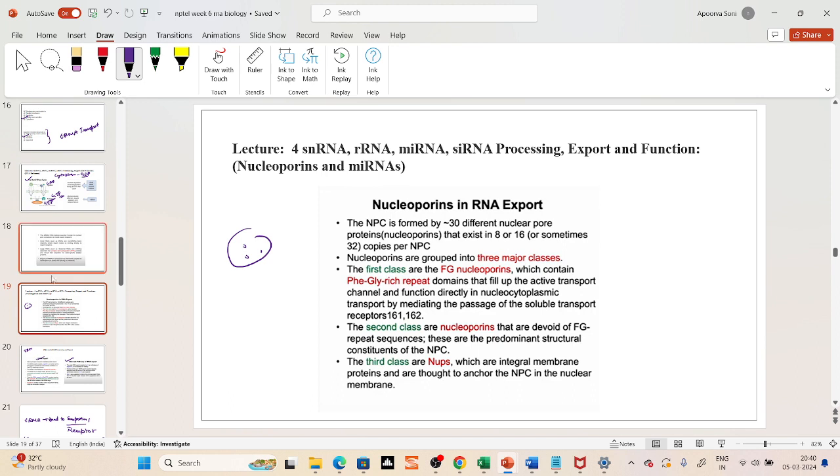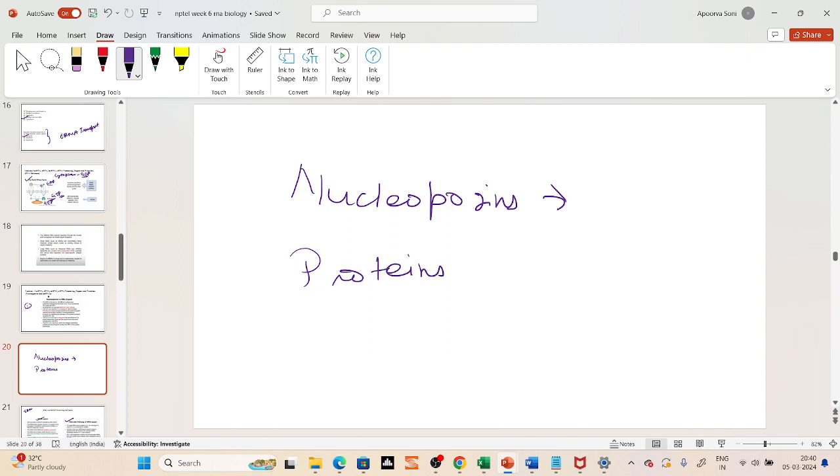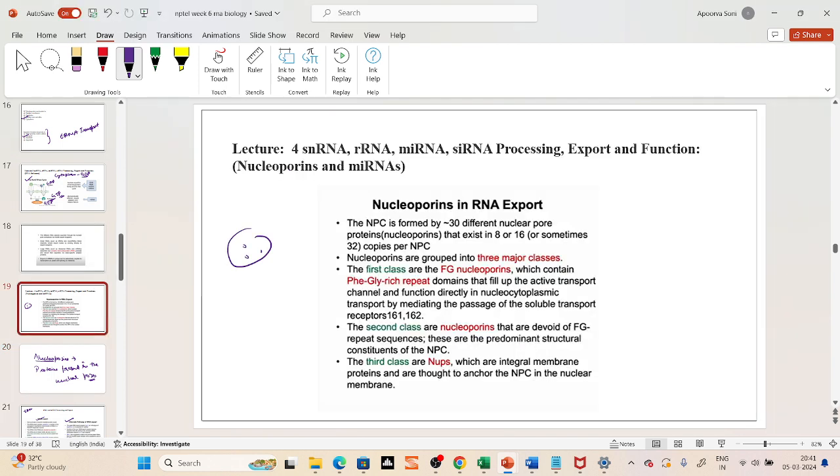So you should understand that nucleoporins are nothing but the proteins that are present in the nuclear pores. That is why they are known as nucleo, that means in the nucleus, and porins, means in the pores. That means proteins which are present in the nuclear pores.